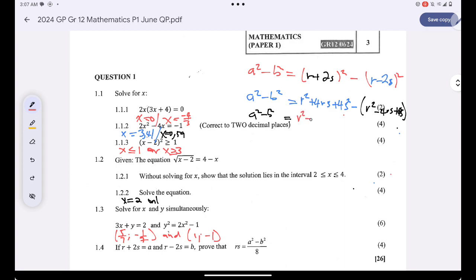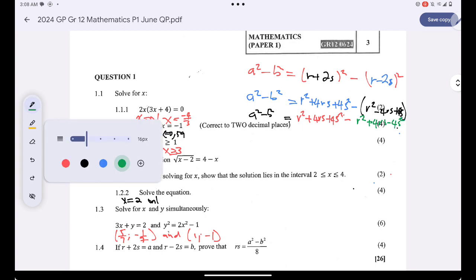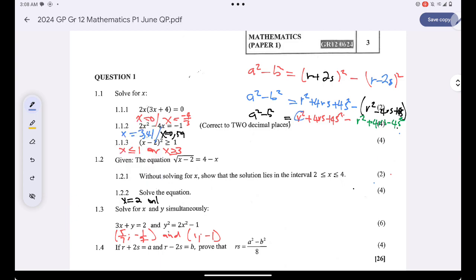I'll have r squared plus 4rs plus 4s squared minus r squared. I'm removing the bracket now, plus 4rs minus 4s squared, and then I will be left with this, and this will cancel, this and this will cancel.